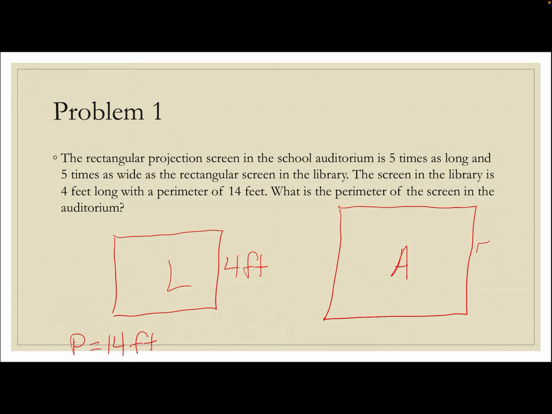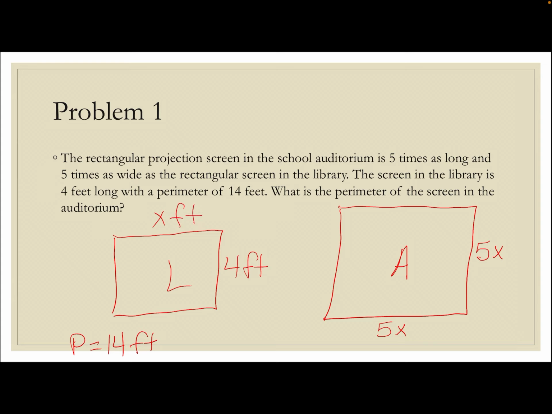So we're going to go ahead and write 5 times long and 5 times wide. So this is just the information that it gives us. This is without solving anything, just putting it in a visual format so we can see what information we have so far. Now, the first thing we're going to have to do is solve for X on the library screen.